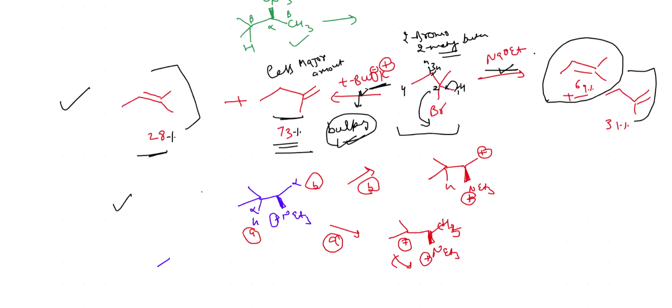As well, this hydrogen is less acidic as compared to this hydrogen. The second reason is this. This hydrogen is less acidic because these two methyl groups have a plus inductive effect, meaning they shift the electron density towards this carbon through the sigma bond.